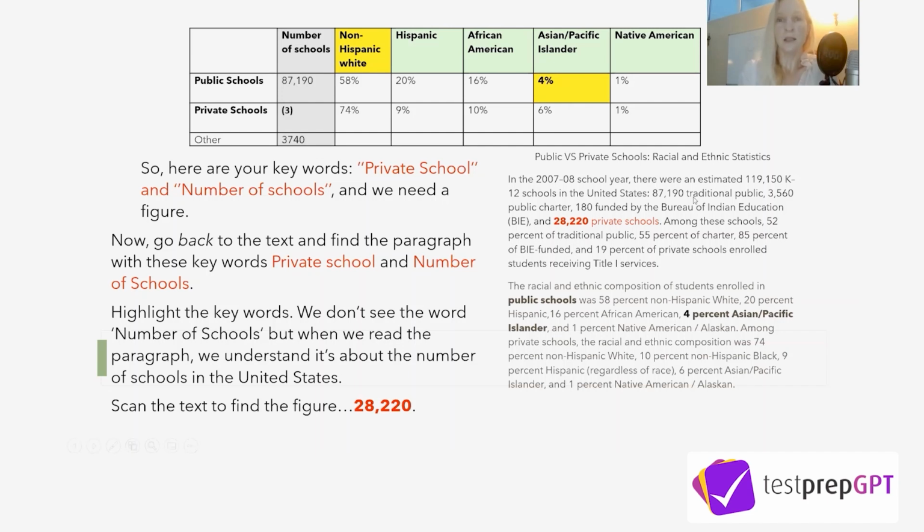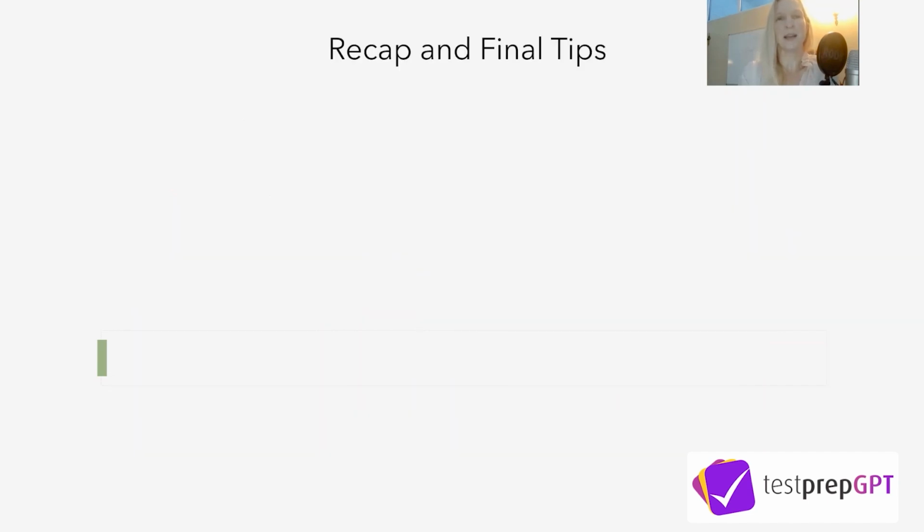So we can see here that the number of private schools is 28,220. So that is our figure that is missing. We know we're looking for a number. We know it's after private schools. So that's your answer. So we've found the answers to numbers 1, 2, and 3. So that's the technique that you can use for table completion.